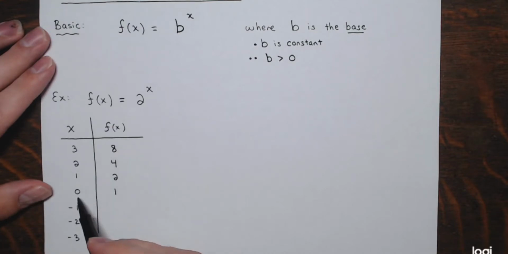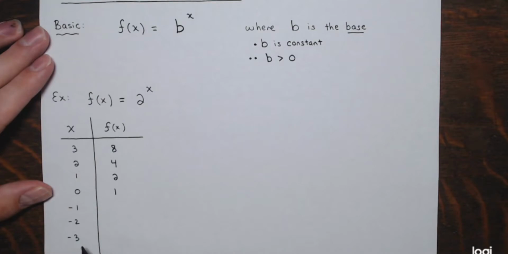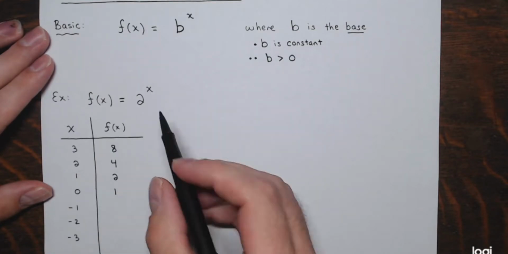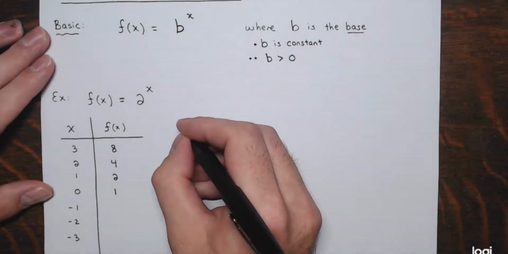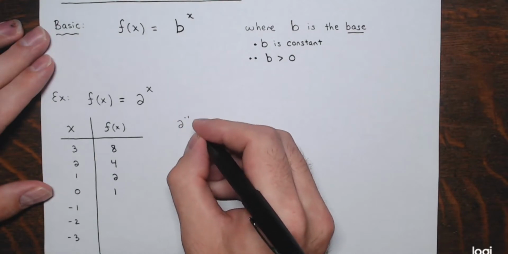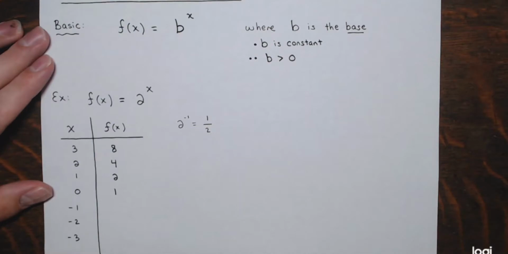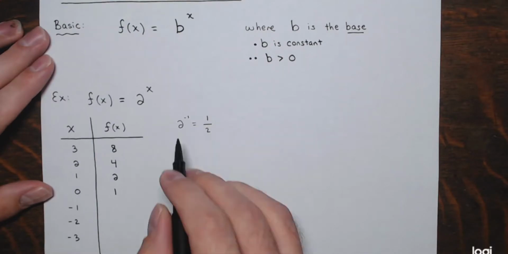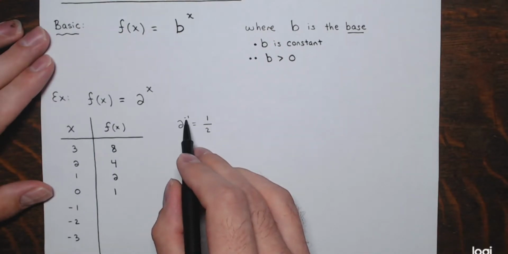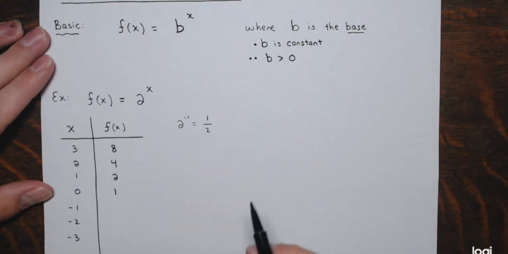And that pattern continues. Remember, when you plug in a negative number, 2 to the negative first power is just 1 over 2 to the first power. Remember properties of exponents: raising a number to a negative power is just the reciprocal of the positive power.